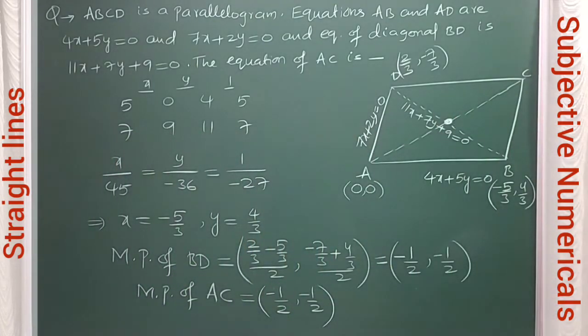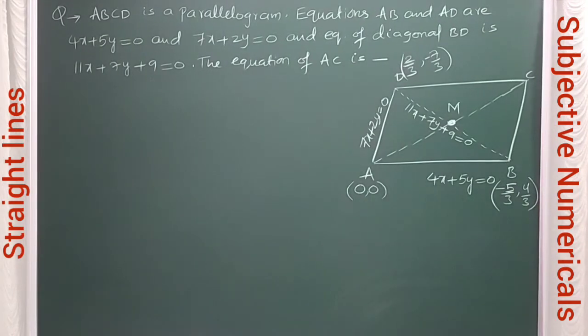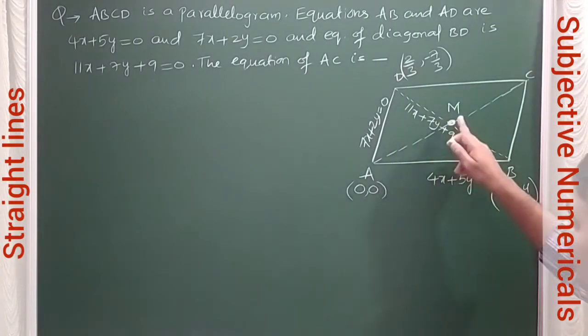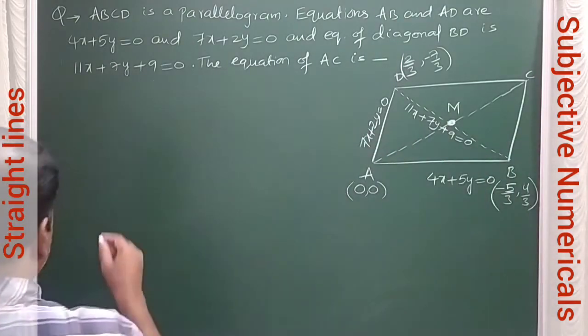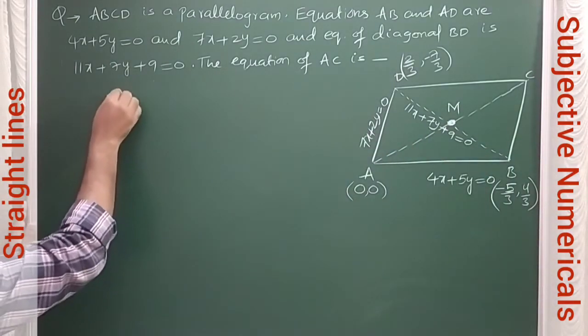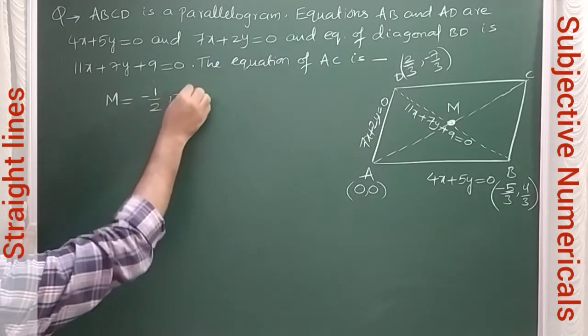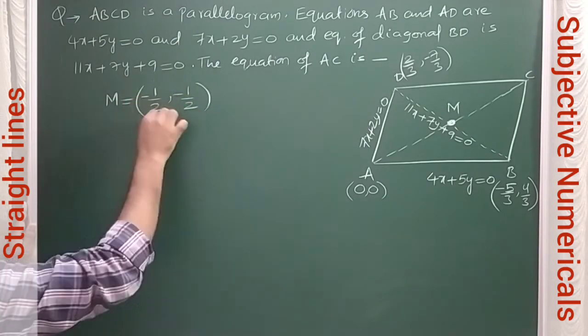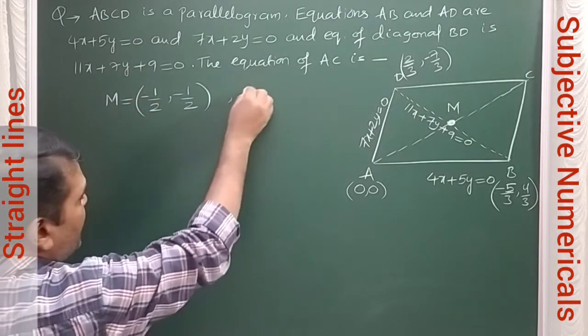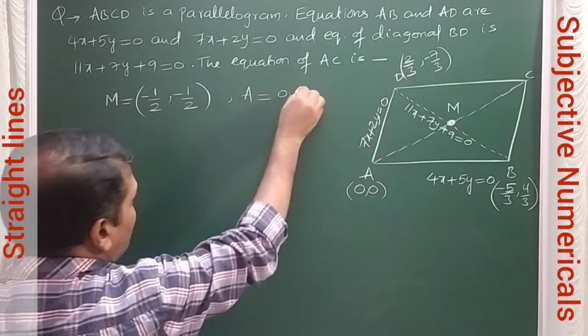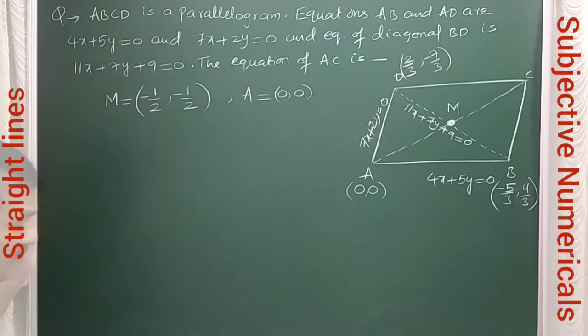So let us find the equation of diagonal AC now. The midpoint of AC I am taking as M. So we got M as minus 1 by 2, minus 1 by 2, and already we know that A is 0, 0. So what is the equation of diagonal AC?